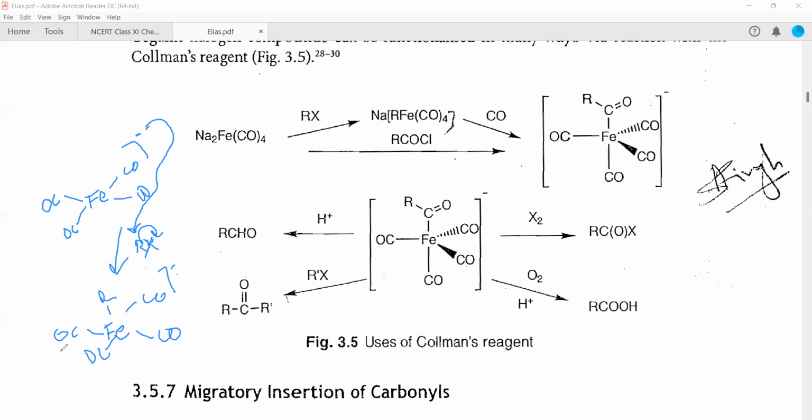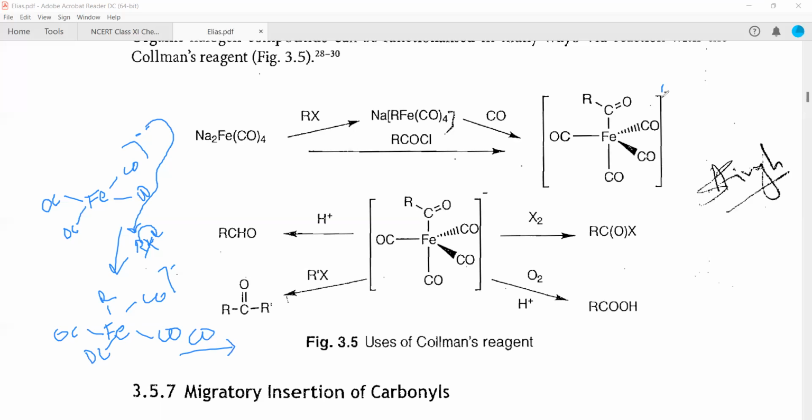After that, when you add carbonyl further, what happens is the migratory insertion of this carbonyl into this metal-R bond. We are going to study that in just the next topic, which is migratory insertion of carbonyls. For now, understand that when you add carbonyl, this metal and this R, the alkyl chain, can insert this carbonyl within it, and it will form this type of complex.